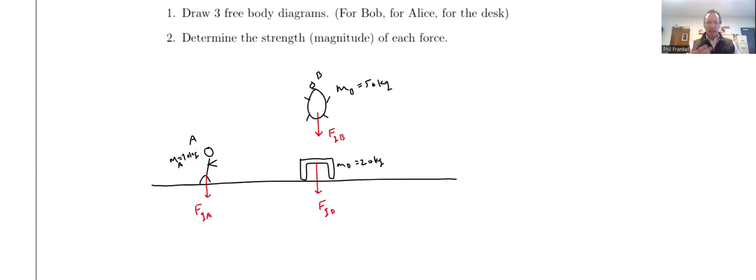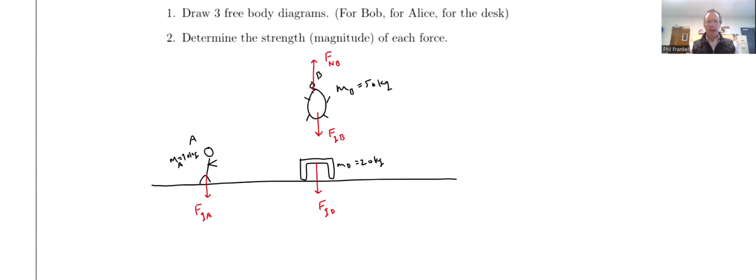Beyond that, let's choose one object to draw the free body diagram for. Let's start with Bob. Bob is sitting on top of the desk. There's the gravitational force from the Earth pulling him down. And I know there must be a normal force from the desk pushing Bob up. I'll call that FNB for the normal force on Bob.